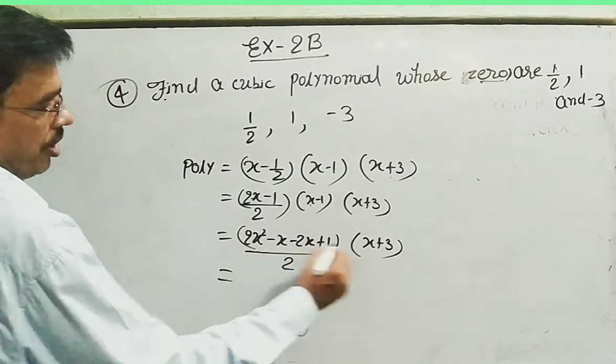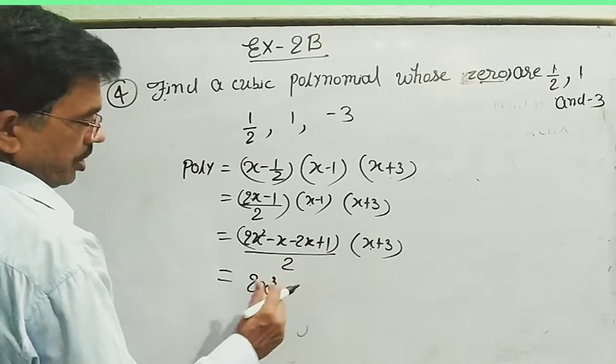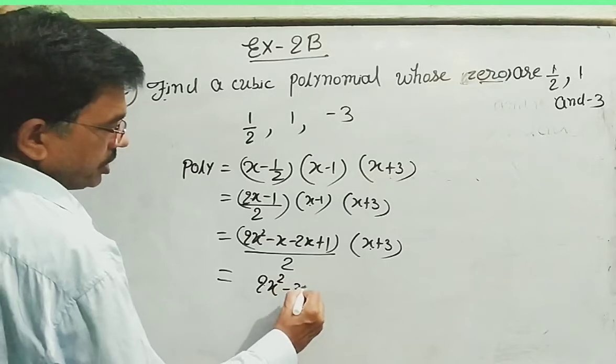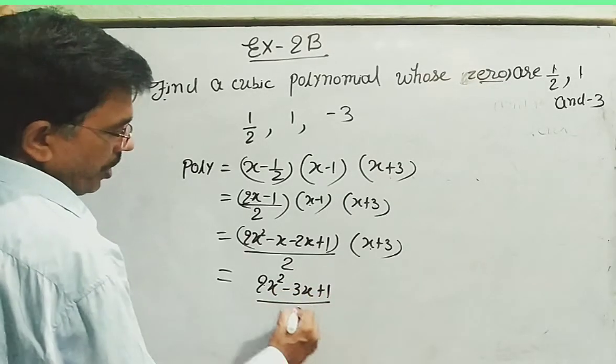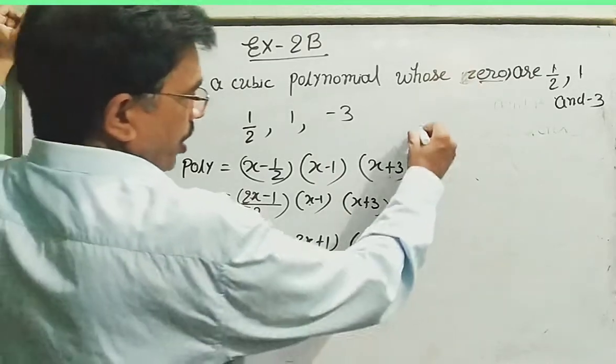What you get? It is 2x square minus 3x plus 1 by 2 multiplied by x plus 3. Now multiply, what you get here?